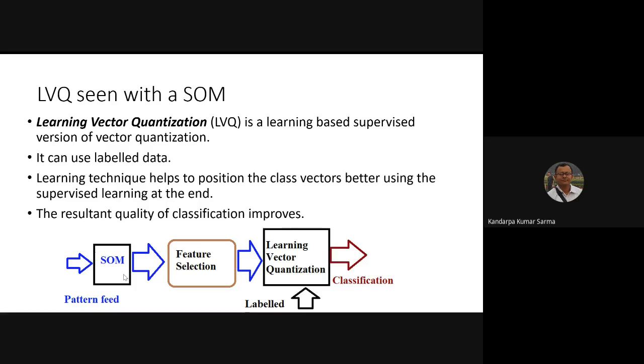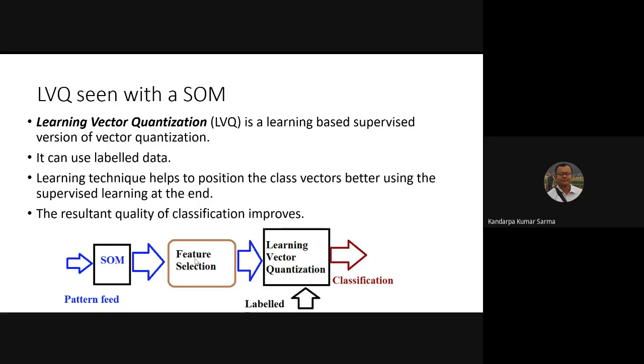Hence we find that when you use learning vector quantization, you are planting a supervised process onto the unsupervised SOM so as to make the classification reliability and the quality of recognition better. So the whole flow can be something like this. The SOM will be there, you will feed the pattern, then you will do a feature selection.